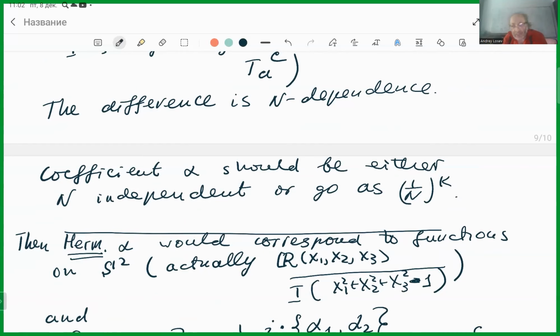Okay, and I will continue with the fuzzy sphere next time. I will discuss more about the classical limit in the case of the fuzzy sphere.